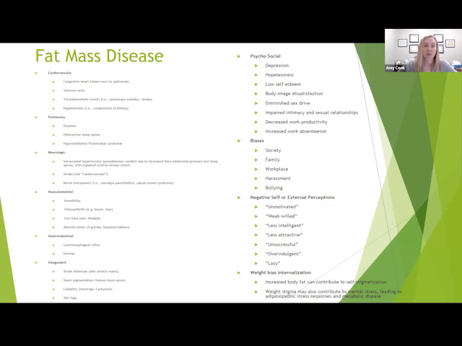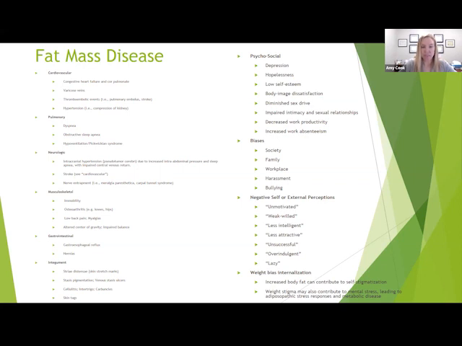And then also, since obesity is a disease that people can see, it also causes those psychosocial issues: depression, low self-esteem, body image disorders, the biases that we previously touched on.